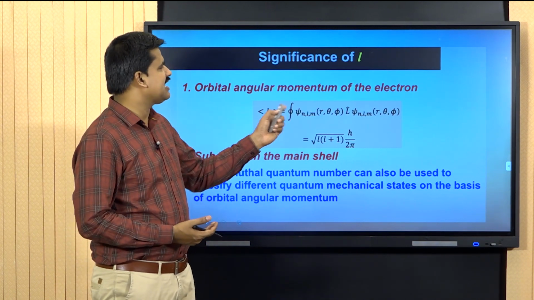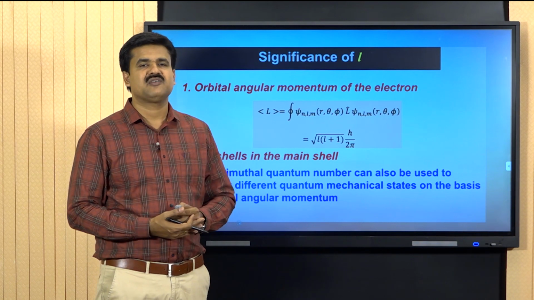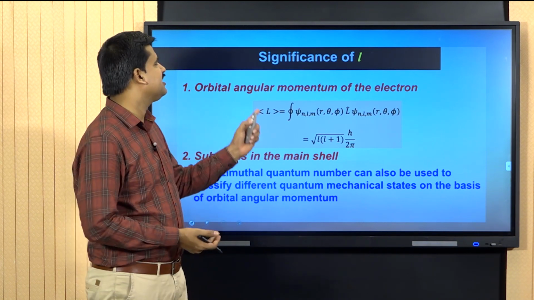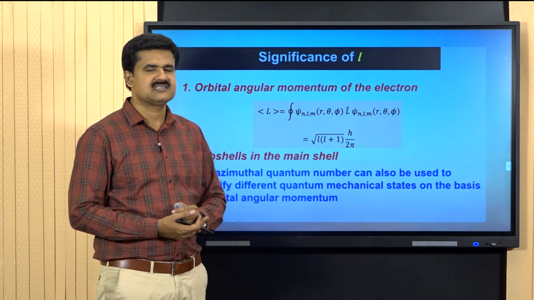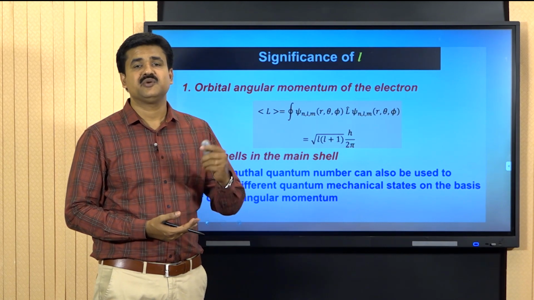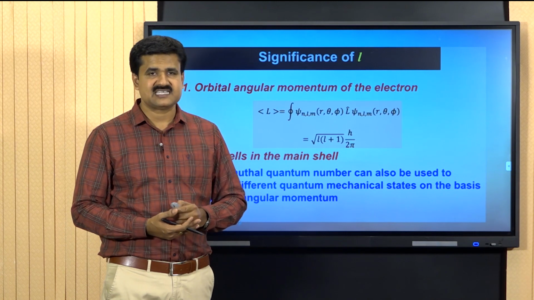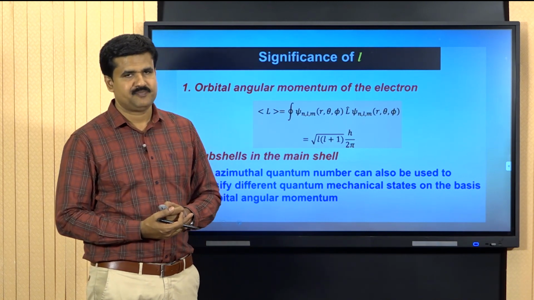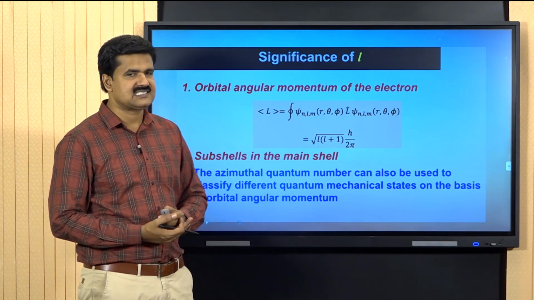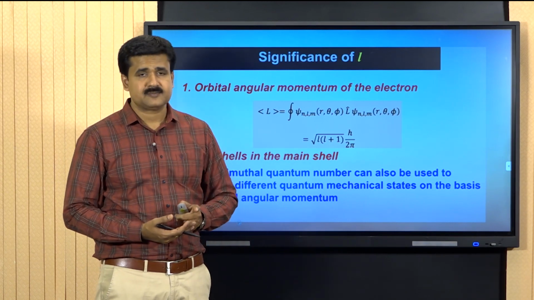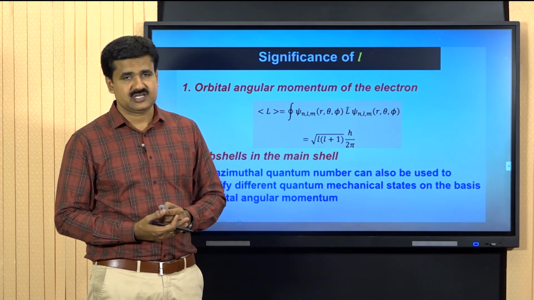On using the RHS, we can evaluate the average value of the angular momentum, and the average value we get is square root of l into l plus 1 times h by 2 pi, where small l represents azimuthal quantum number.